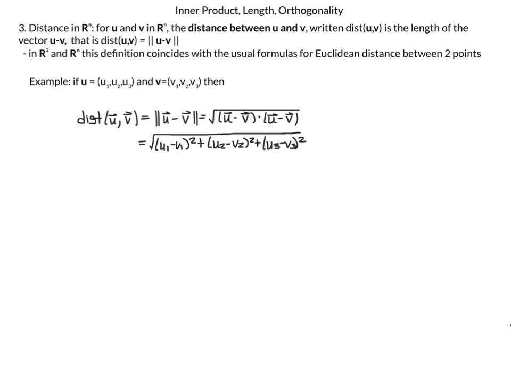So we have the square root of (u minus v) dot (u minus v). Well, u minus v is just term by term subtraction. So u1 minus v1, and then because we dot it, squared, plus u2 minus v2 squared, plus u3 minus v3 squared. So again, this is just the derivation of the distance formula for 2 points in R3.